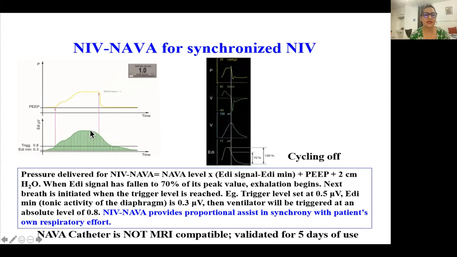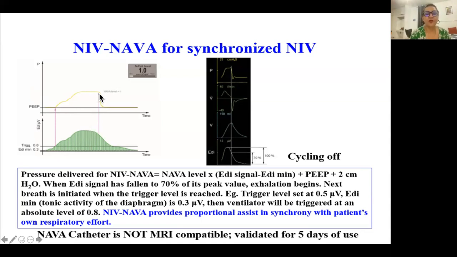When the EDI signal falls to 70% of its peak value, that is the time when it stops and the expiration begins. I hope you understood how the trigger occurs. You kept the trigger of 0.5, but it will start triggering at 0.5 plus 0.3, which is the minimum EDI, that is 0.8. And it will continue and increase proportional to the NAVA level you have kept.